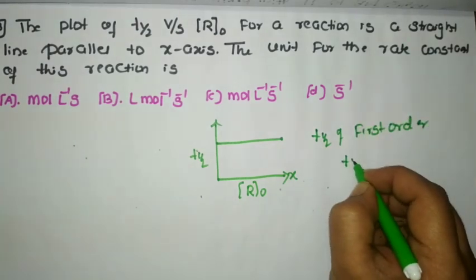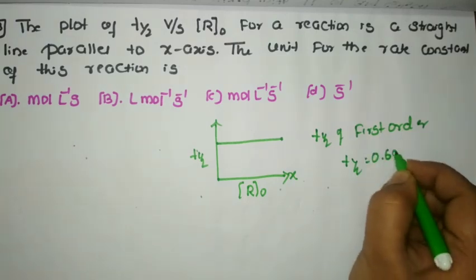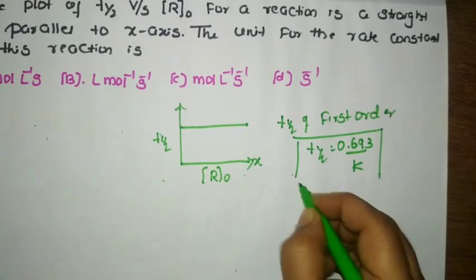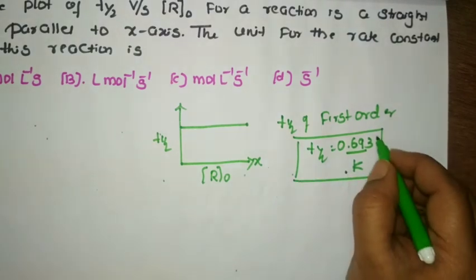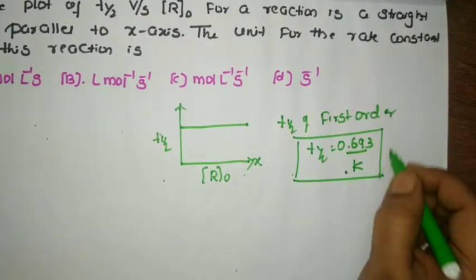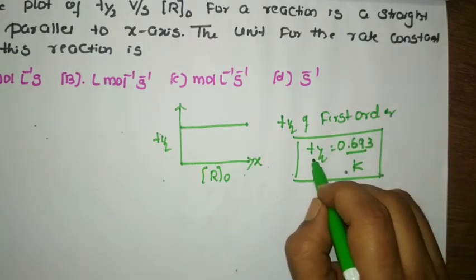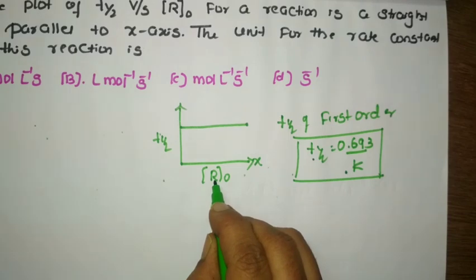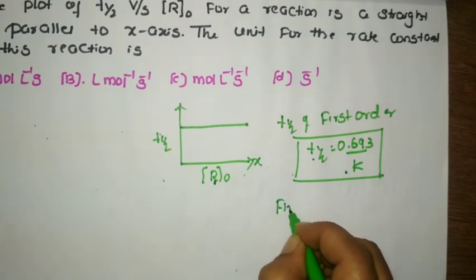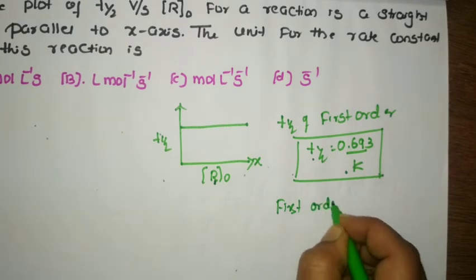So what is the formula? T half is equal to 0.693 by K. This is the formula for the half-life of a first order reaction. We are not going to see any reactant concentration term here. So the T half is independent of the initial concentration of a reaction. So we could say it is the first order reaction.